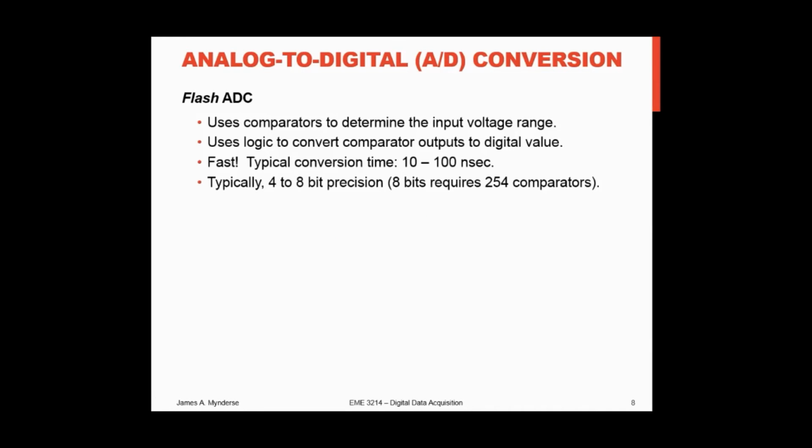But, you know, it's expensive, right? If you want 8 bits, that's 254 potential output values, so you need 254 comparators. You can see how that would add up if you want to do 10 or 12 bits, which is even probably more common in terms of A to D precision.